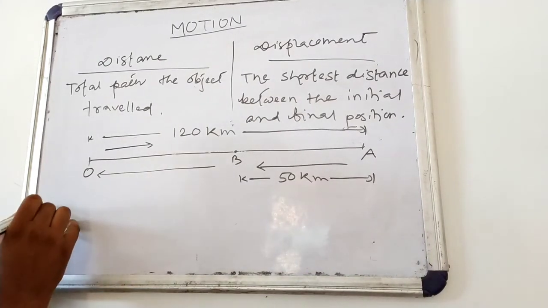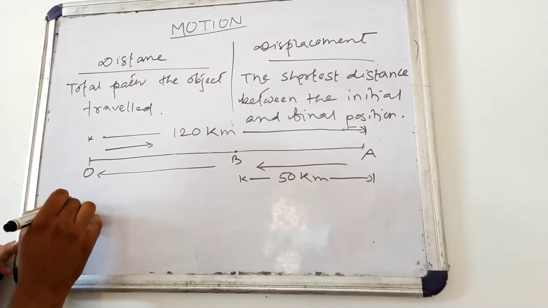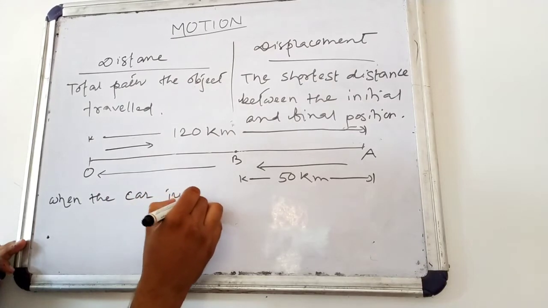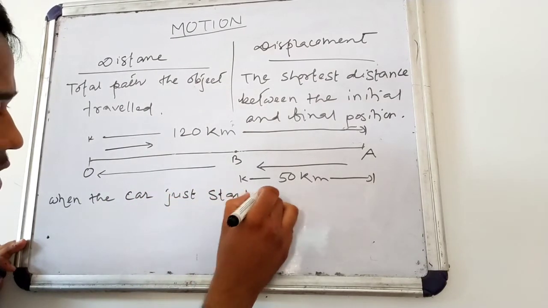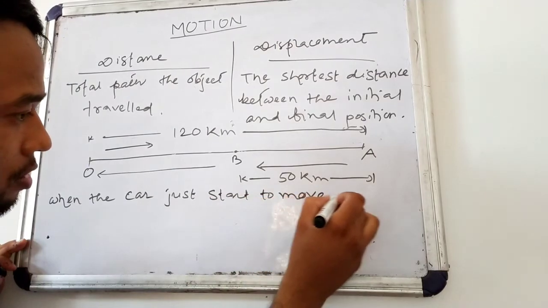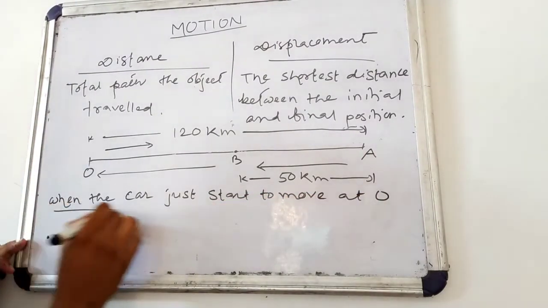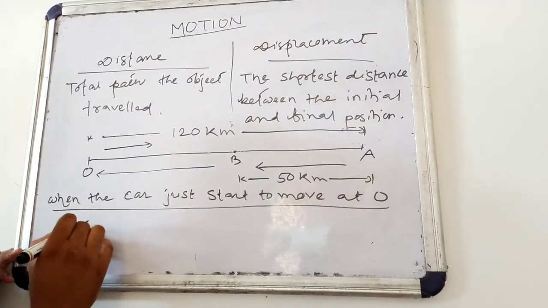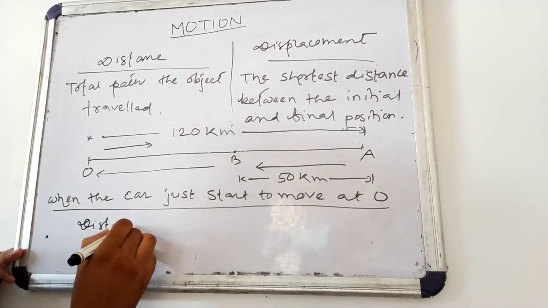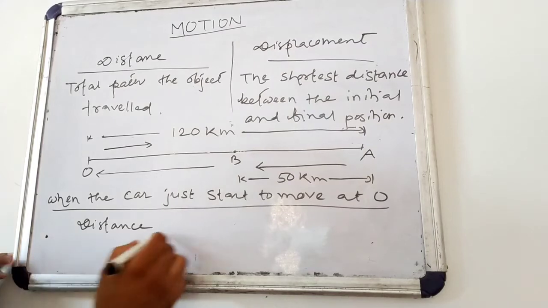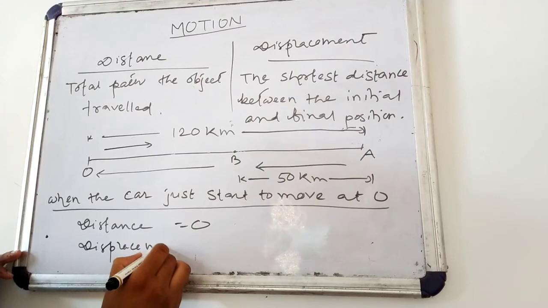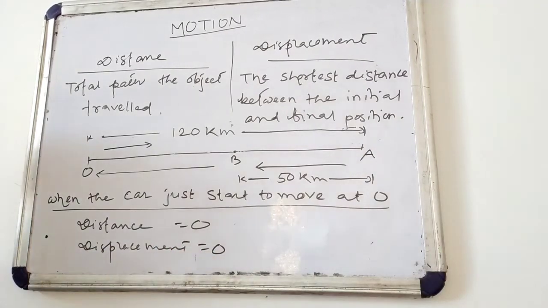So first, when the car just starts to move at O, what will be the distance and displacement? Because this is the initial position, distance will be 0, displacement will also be 0 at O. Okay.